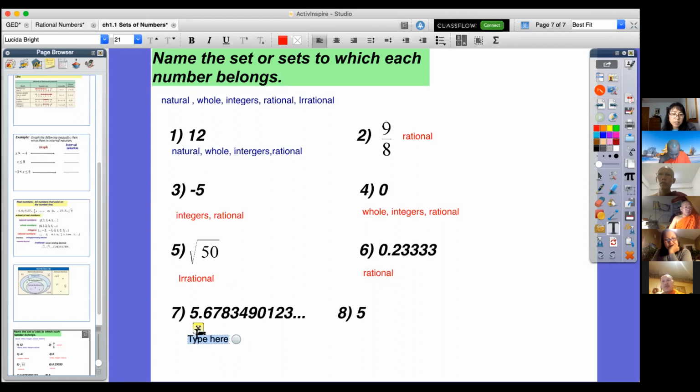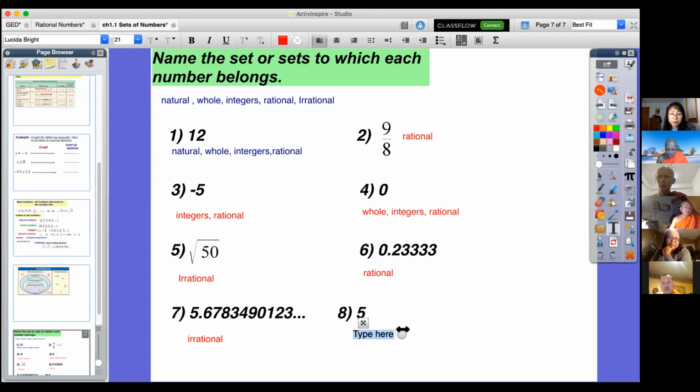What about number 7? You see dot, dot, dot at the end, which means it continues. So what is it? Irrational. What about number 8?